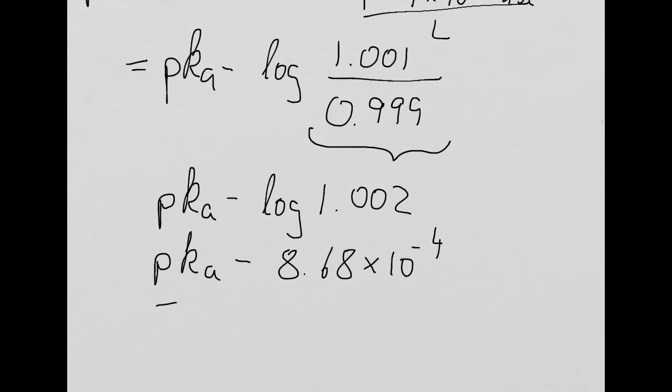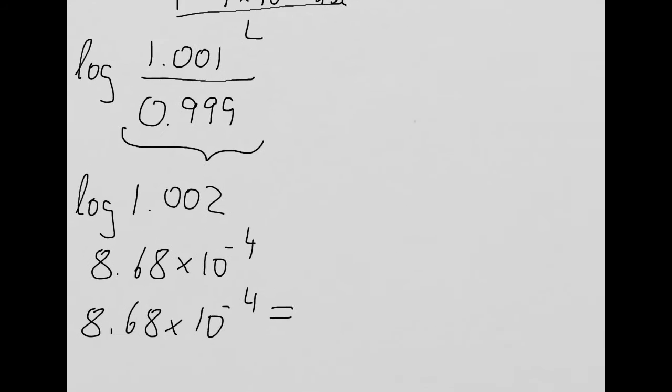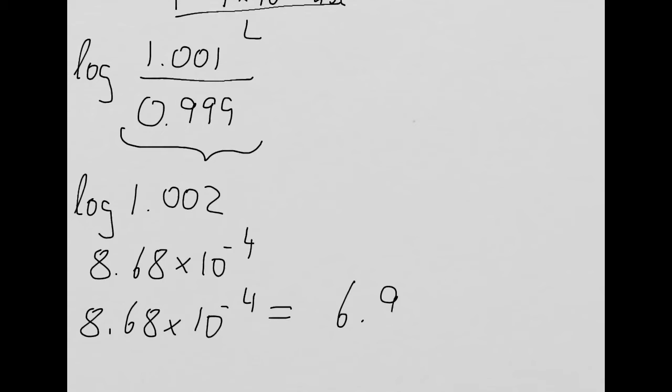So pKa was 7. Can you do 7 minus 8.68 times 10 to the minus 4? 6.999. Equals 6.999. So that is our pH when we add 1 milliliter of this hydrochloric acid to the buffer.